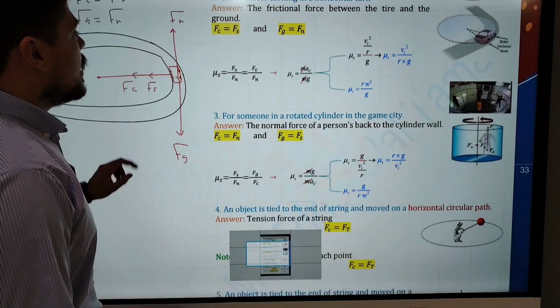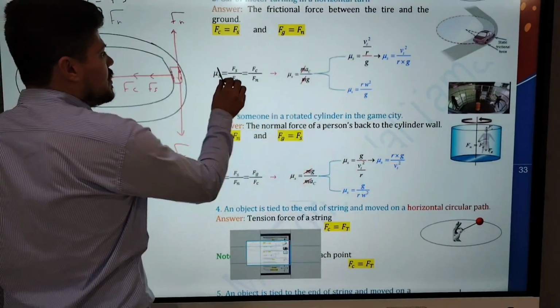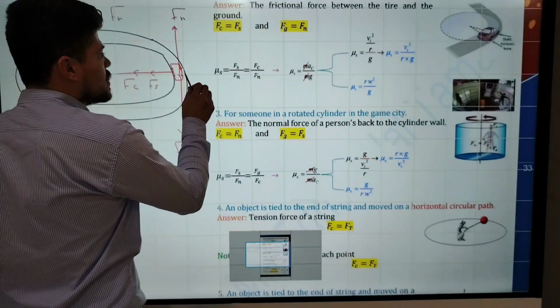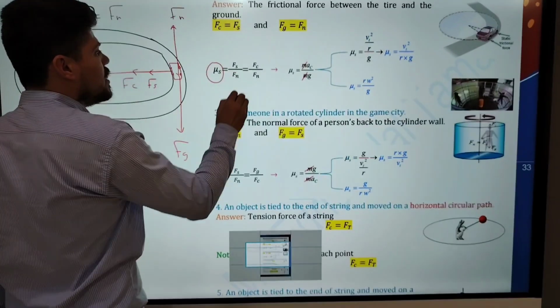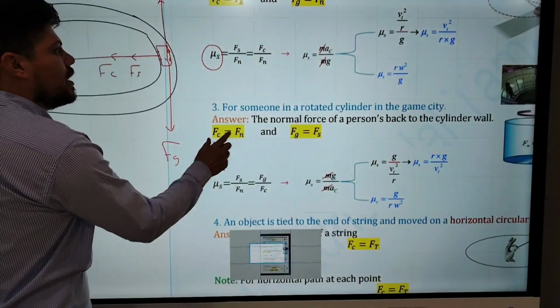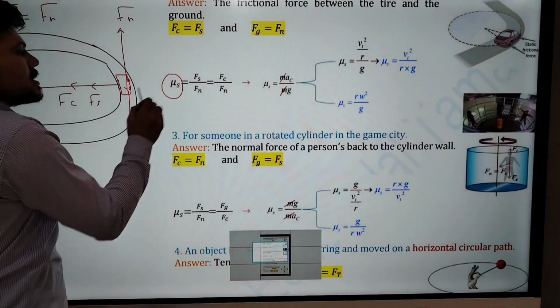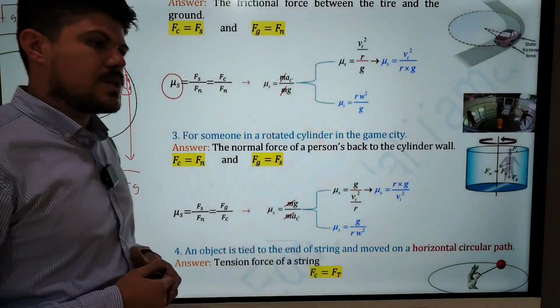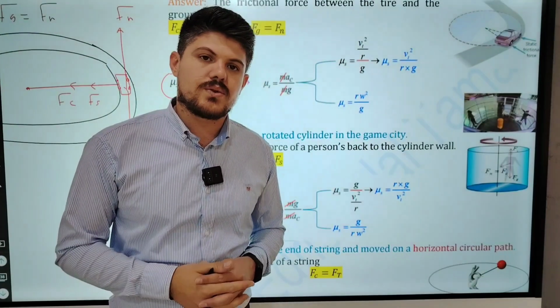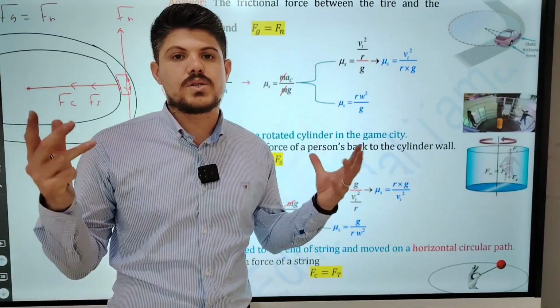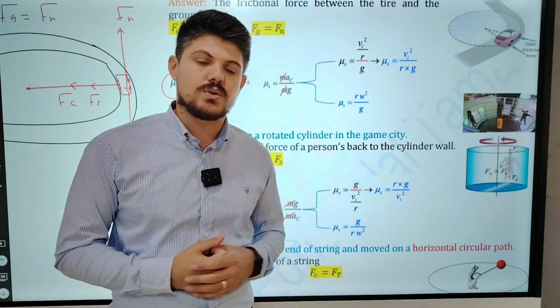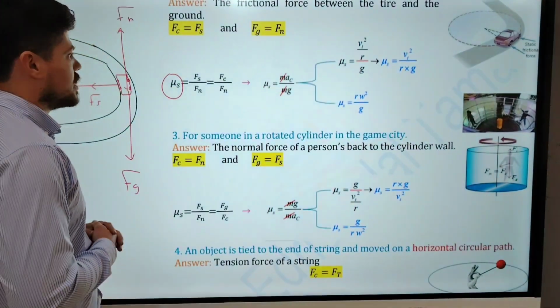As you learned in grade 11, the coefficient of static friction is equal to what? Fs over Fn. So this proof is very important. Mu s is the coefficient of static friction, the ratio of the static frictional force to the normal force, and it is unitless. Why? Because it is the ratio between two forces.